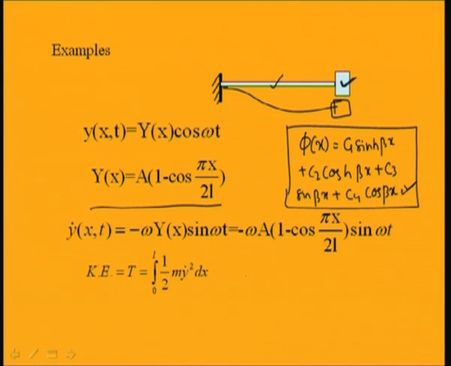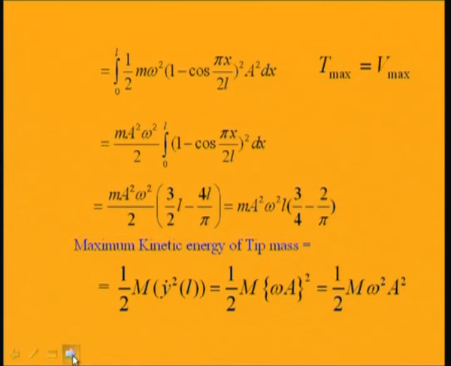By substituting the y dot expression in this integral, you can write it equal to the integral from 0 to L of half m omega square into 1 minus cos pi x by 2l whole square a square dx. Then you can find this equal to m a square omega square by 2 times the integral from 0 to L of 1 minus cos pi x by 2l whole square dx.